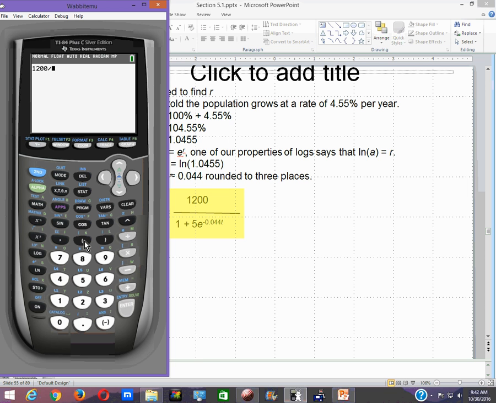Divided by, open parenthesis, 1 plus 5 times e to the negative 0.044 times 6. Because remember, 2016 is 6 years after when we began, which was the year 2000. So I get this value, 247.94, so the nearest whole number, 248.